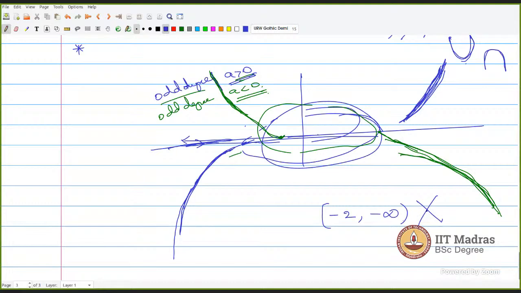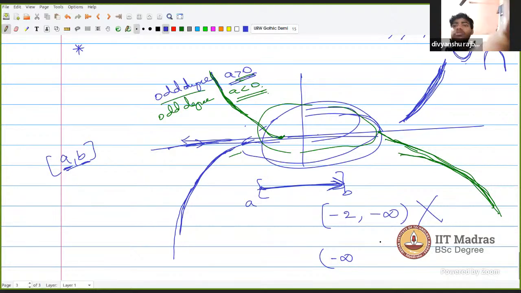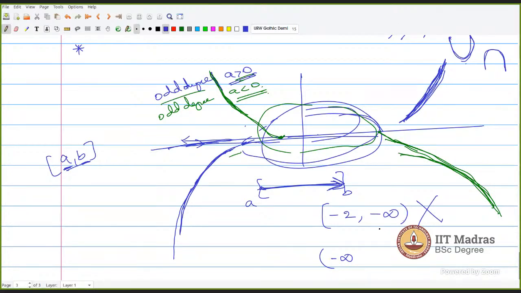Usually the intervals will always be written from smaller to bigger. So when I say this is the interval AB, I should write AB like this. That means x is taking values from A to B. My A is smaller than B. This is how intervals are generally defined.